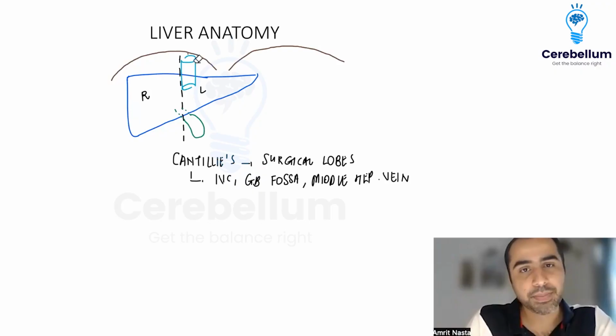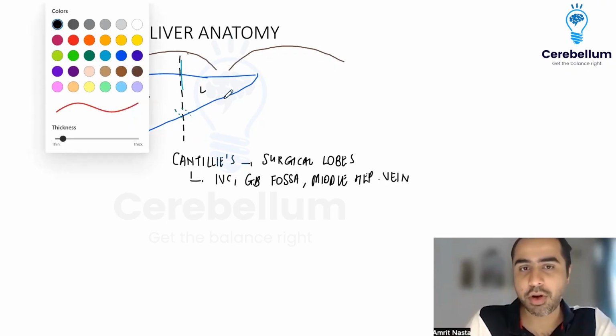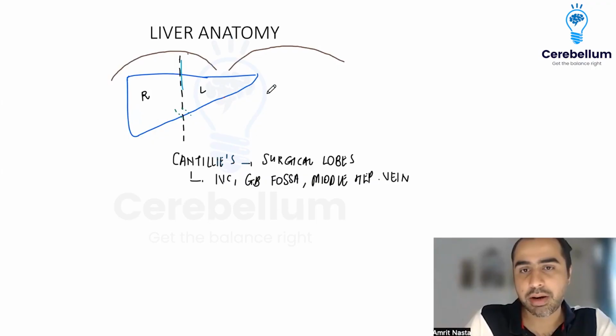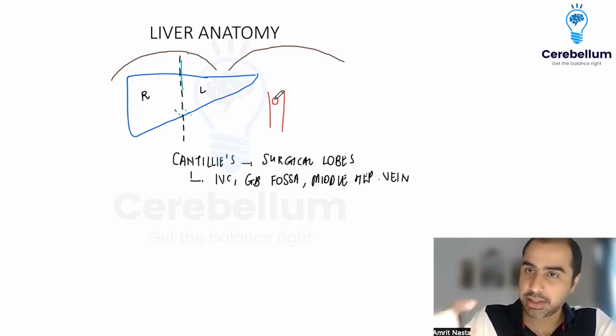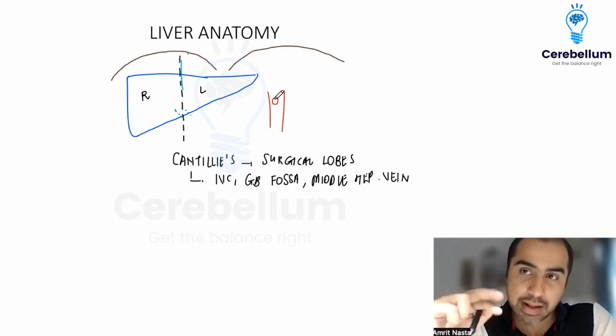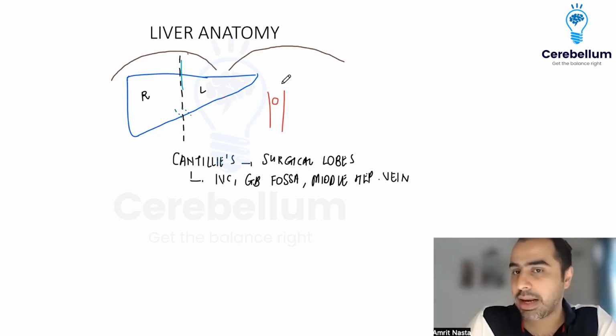That's because the two halves get their own blood supply. If you know the blood supply of the liver, somewhere here there is the abdominal aorta, which gives an anterior branch. Yesterday we studied the superior mesenteric and inferior mesenteric, but those are the second and third branches. The first branch is the celiac trunk.